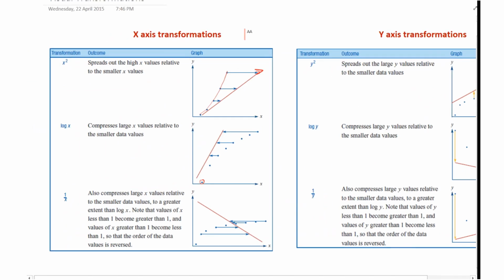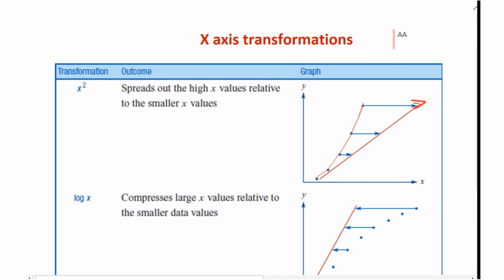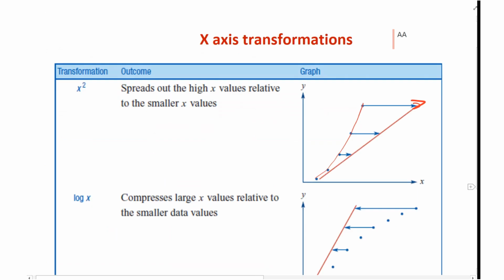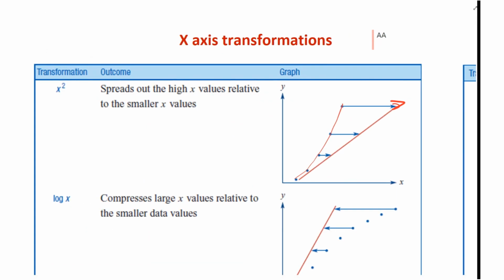So here it is visually. Remember we said the squared stretches the upper end of the scale, so it spreads out the high x values. Here are the original data points, and it doesn't really move these ones, but these ones get moved a bit more, stretched out again, and stretched out some more.